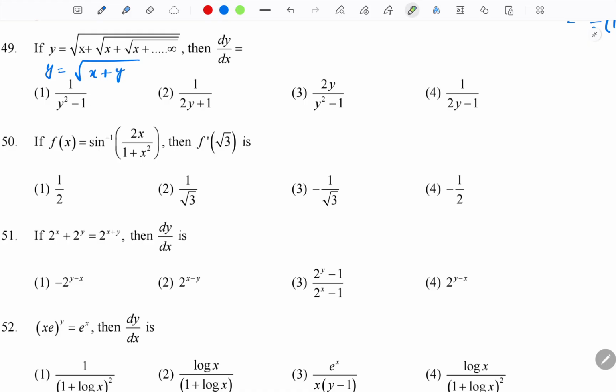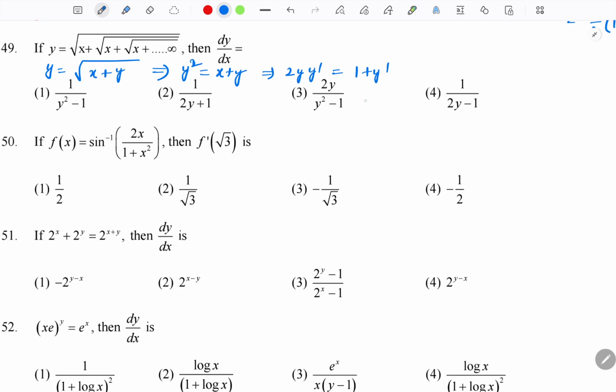So what is the best shortcut trick here? Squaring on both sides, then we will get y dash. Simple, right? If I square both sides, y goes to y square, and the squaring cancels the root, giving x plus y. Then differentiate both sides: y square gives 2y into y dash, derivative of x is 1, plus y dash. Here I want to find y dash, right?